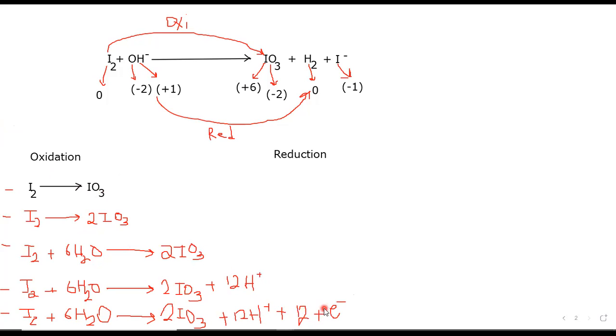We added 12 electrons here because there are 12 hydrogen atoms and we wanted to keep it neutral. I'll need a new page. No, we'll just use the same page. Because if you go to a new page again, that would be something else. Okay, so we now go for the reduction.